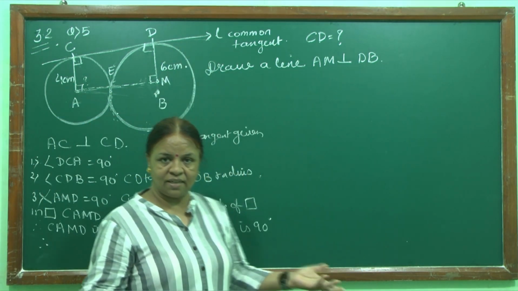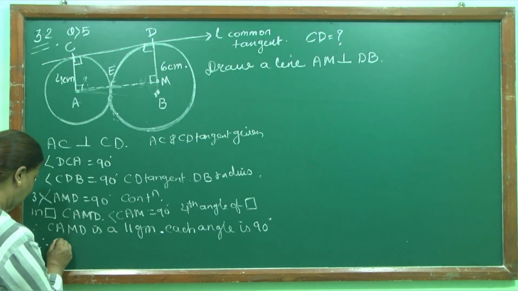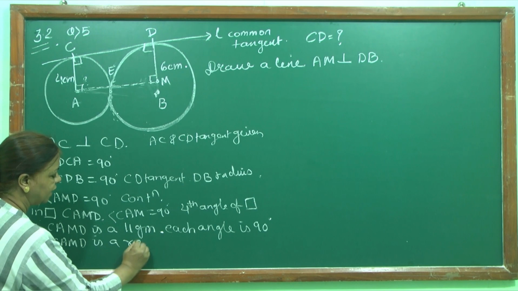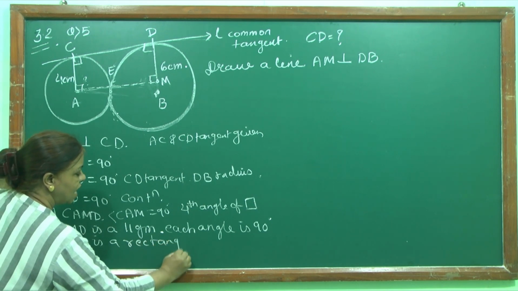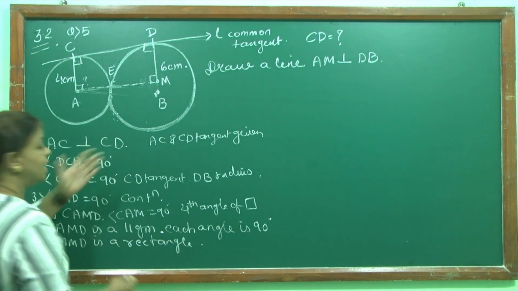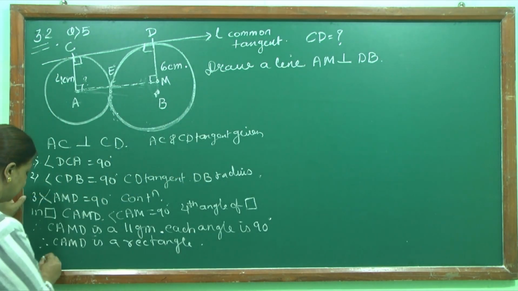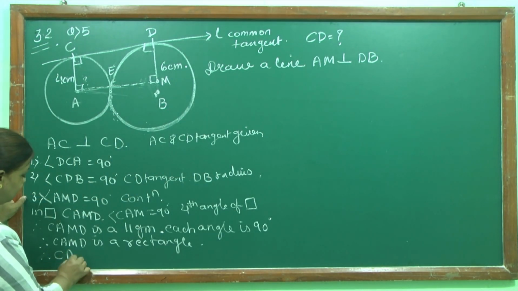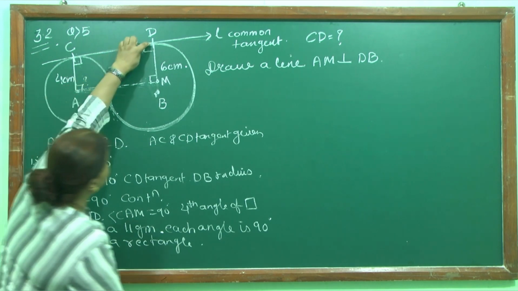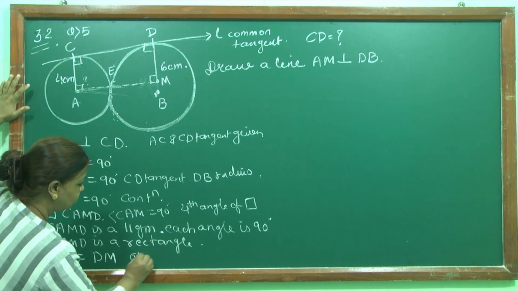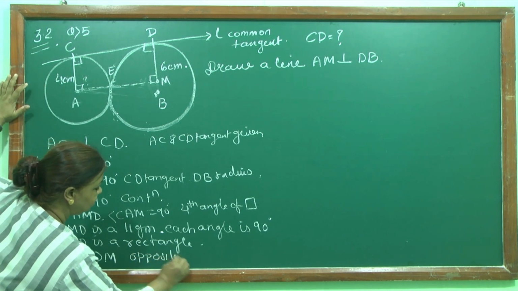I can easily say it is a rectangle. CAMD is a rectangle because each angle is 90 degree, and in a rectangle opposite sides are equal. So I can say CA is equal to DM, opposite sides of rectangle.